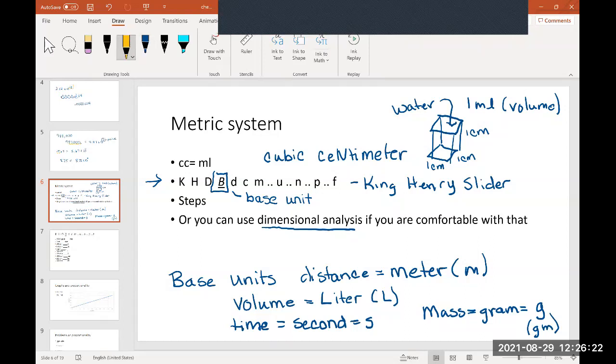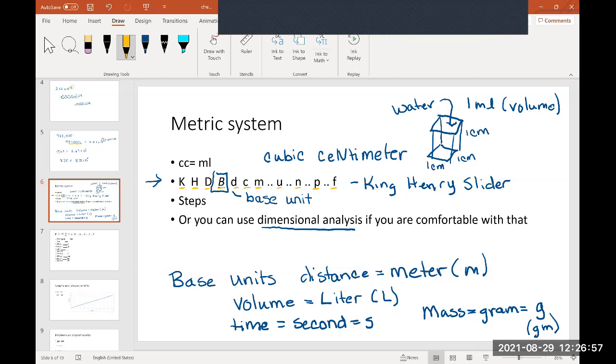And I'm going to underline in yellow, King Henry died by, and the word by is our base unit, drinking chocolate milk under 9 pink flamingos. What a horrible way to die, by drinking chocolate milk under 9 pink flamingos. It's a silly acronym, I understand, but it will get you through.